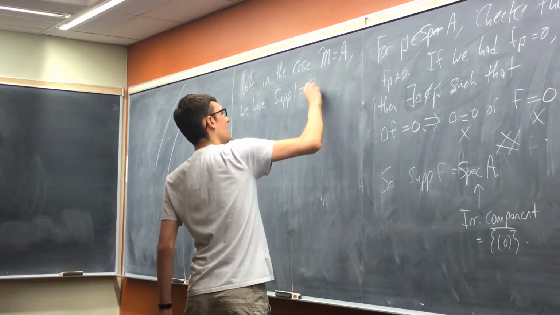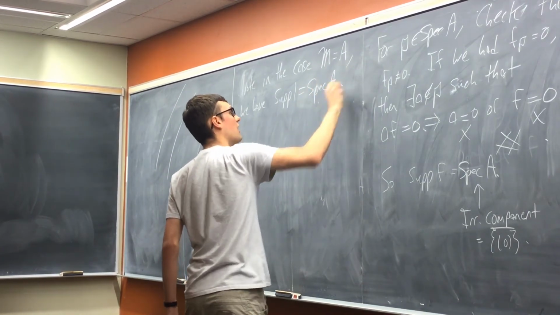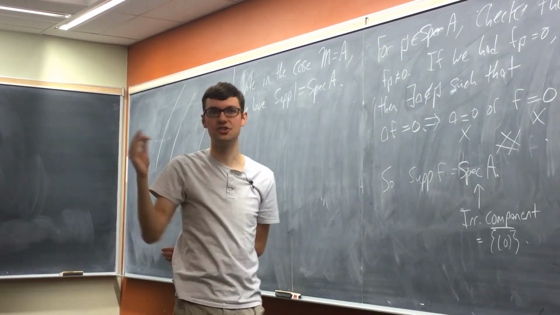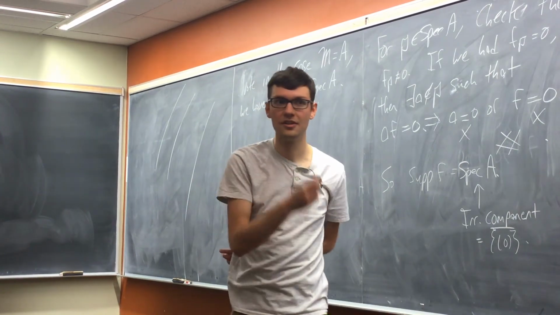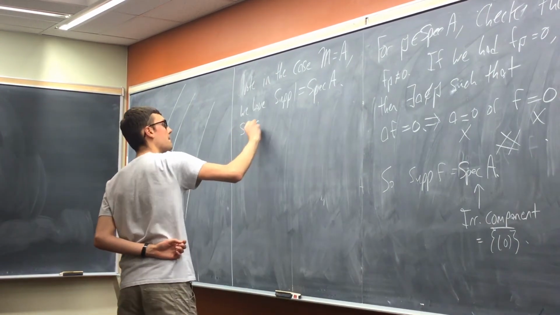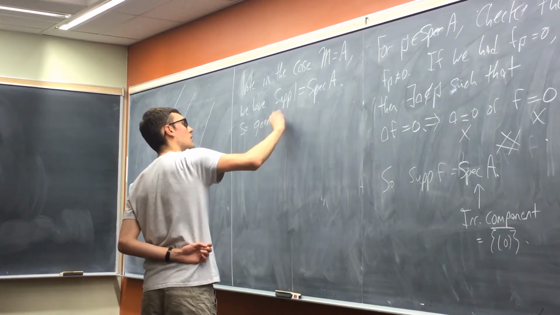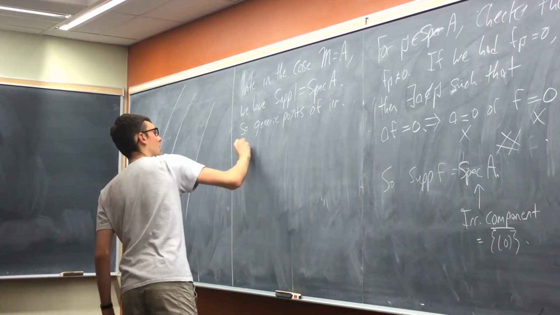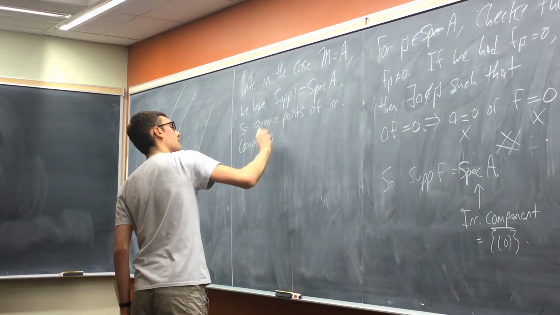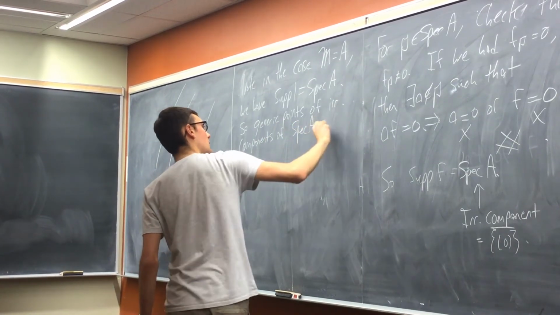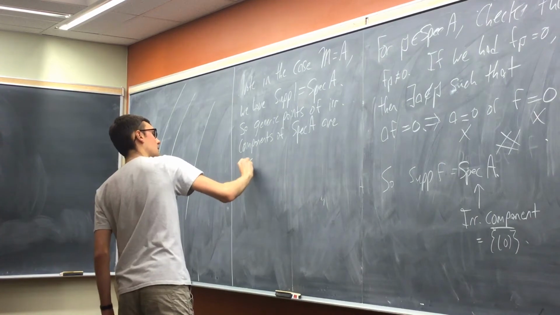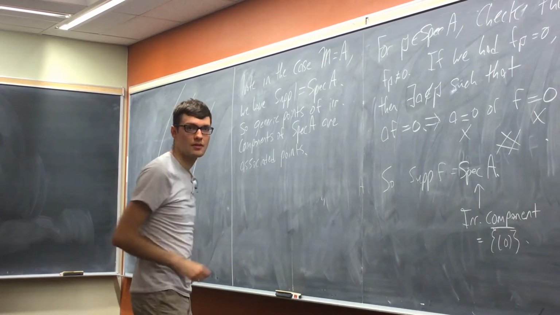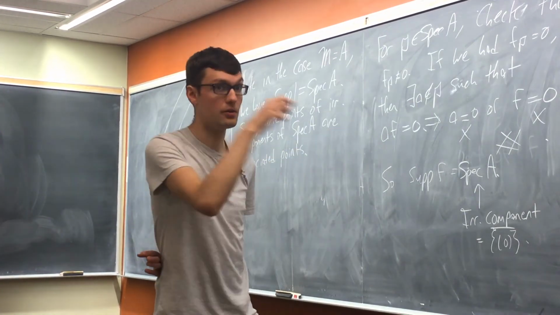So the support of 1 is spec A. And so I can break spec A into irreducible components, and the generic points of those are automatically associated points. But there might be others, as we just saw.